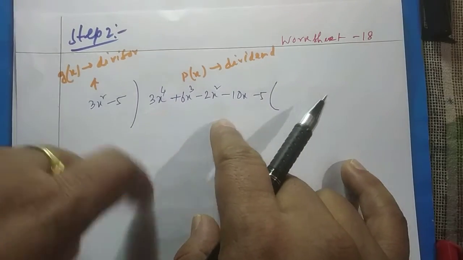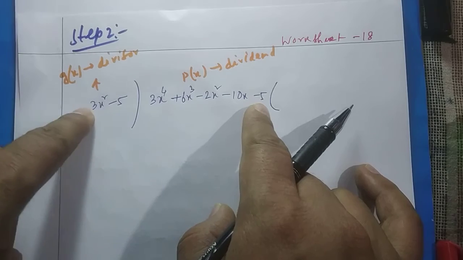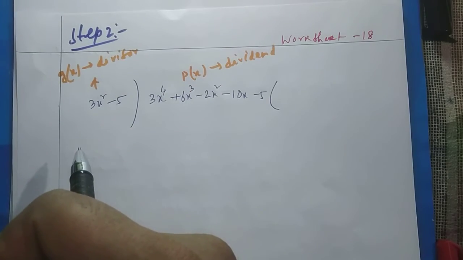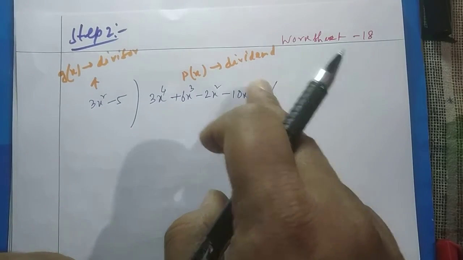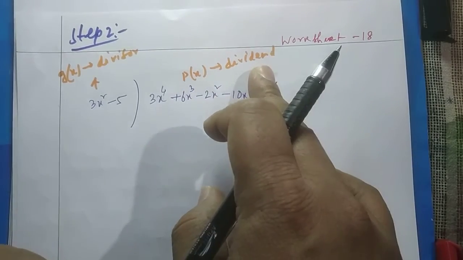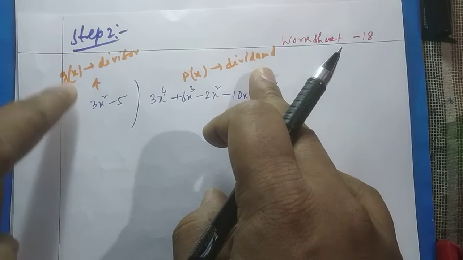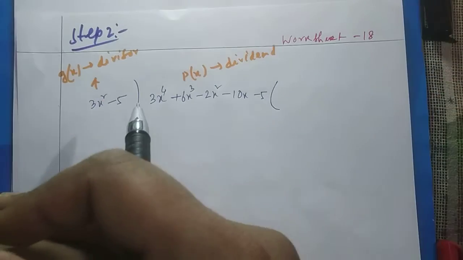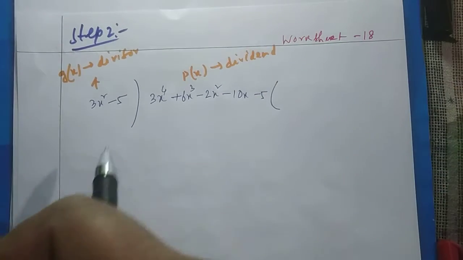Now in step 2 we have to divide this big given polynomial by the generated factor that we created in step 1. Now look here, this big polynomial will be working as p of x, means dividend, and the generated factor will be working as g of x, means divisor. Now from here you have to find the quotient q of x after dividing.